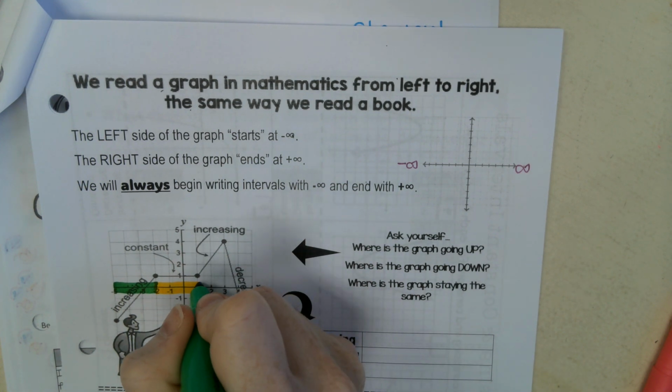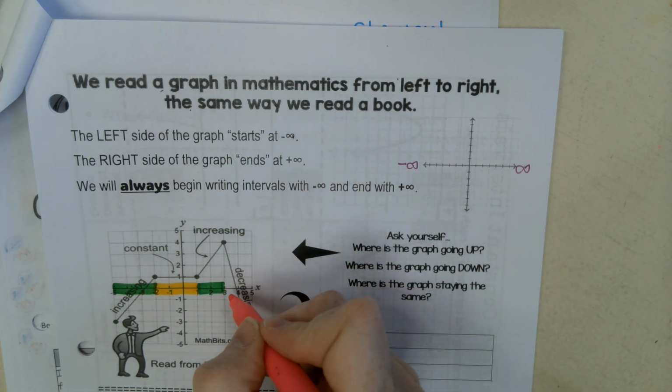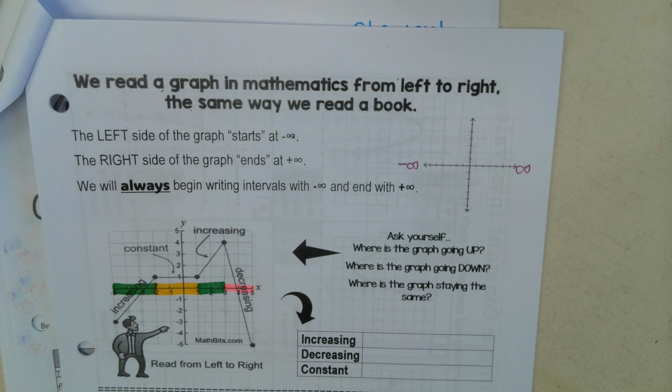Then it is increasing again from 1 to 3. And then the graph decreases from 1 to 5.